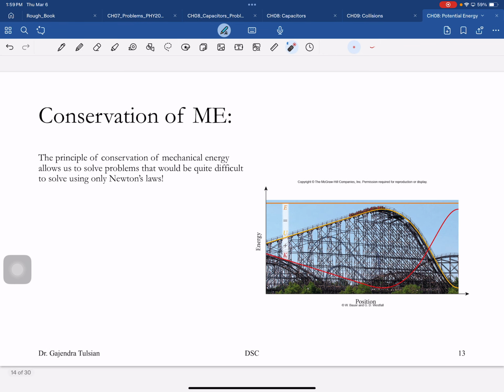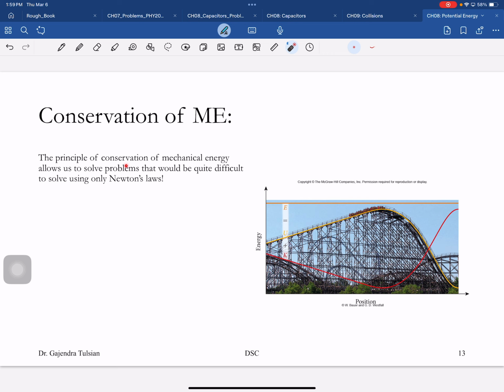Here's another example. Again, when is this true? When there's no friction. Or these things don't have jet packs and stuff like that. When non-conservative forces are absent.